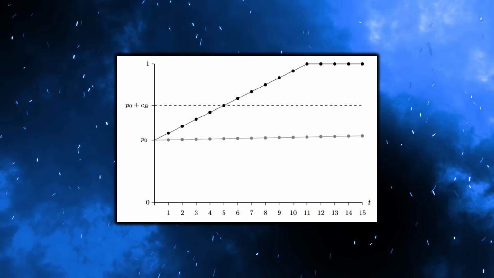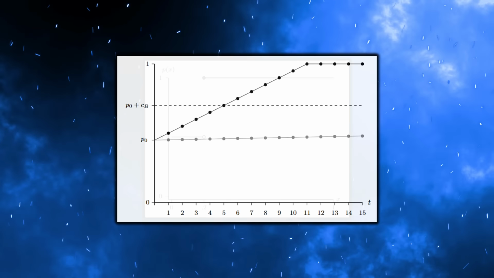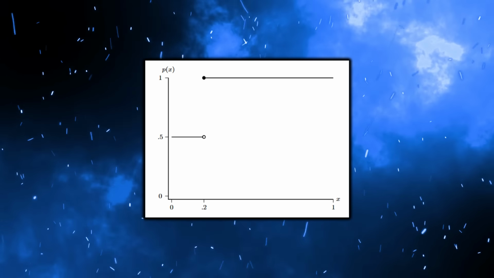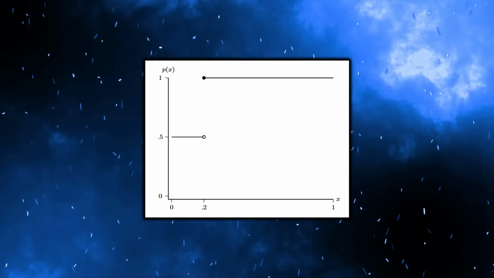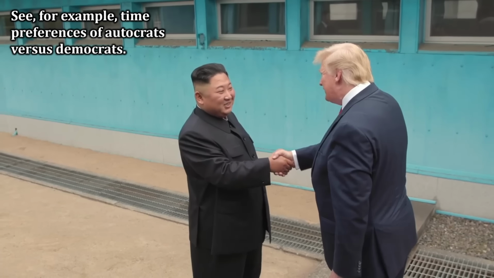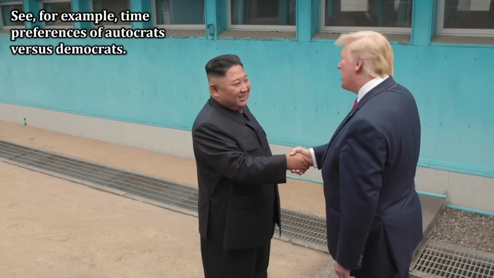The light line represents a case with a patient state, where the settlement hardly moves at all. War can only occur here if 1. There is a discontinuity in the function that maps a status quo to a balance of power, or 2. The extracting state is much less patient than the opponent, and the concessions necessary to appease it today mean that the more patient opponent gets soaked in the future.